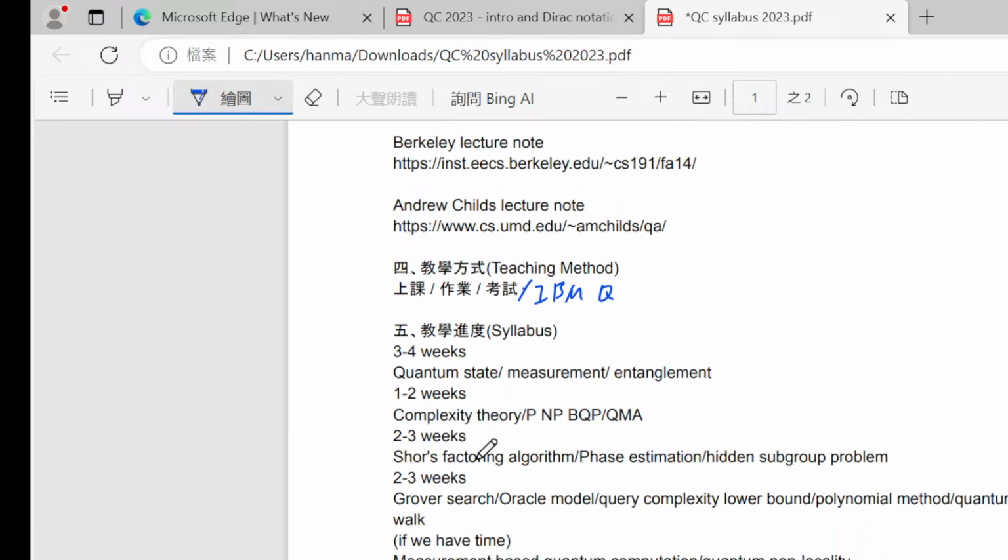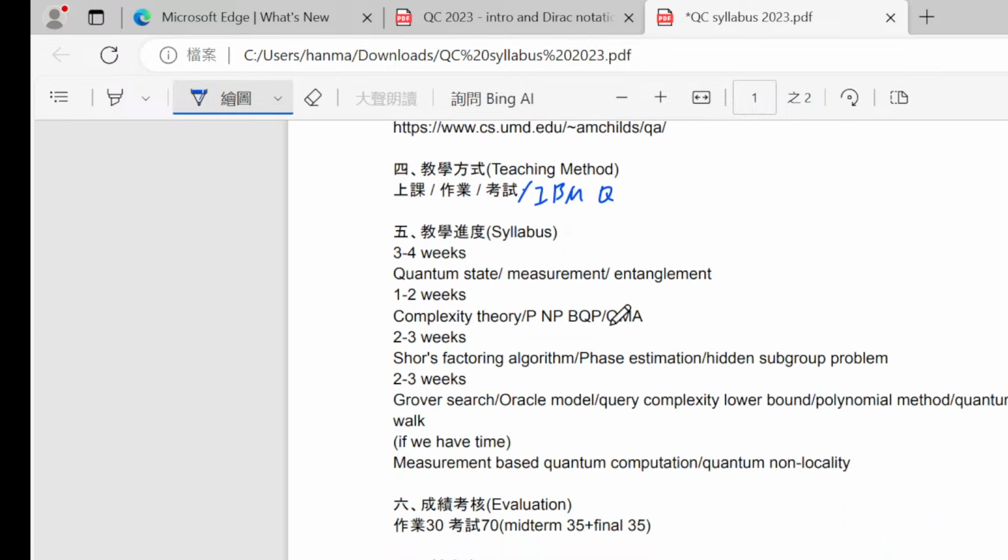And yeah, so here are the things we are going to teach. I'm going to teach you the basics, about what quantum states are, what quantum measurement is, entanglement, etc. So we start with quantum mechanics, then we go to complexity theory a little bit, so I teach a little bit of the basics about computer science.